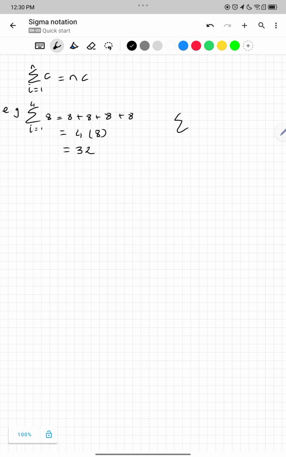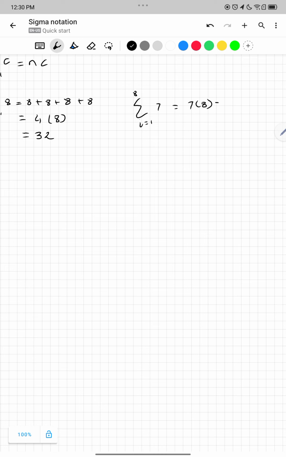Another example being i is equal to 1 to 7 of 8, which will be 7 times 8, which is 56.